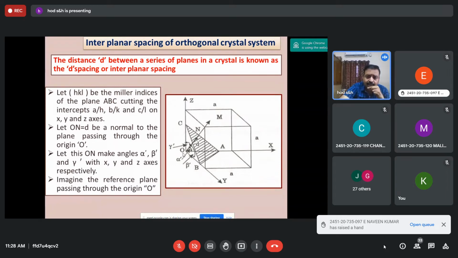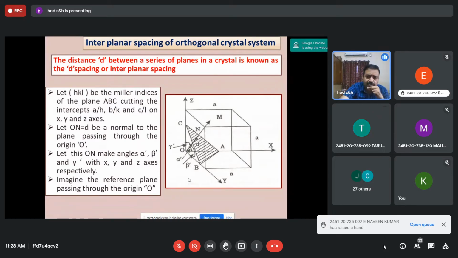Let us assume another plane passing through the origin, and one plane is ABC. Definitely this ON, the perpendicular distance, represents the interplanar spacing, because the perpendicular distance between two successive adjacent planes is called the interplanar spacing.